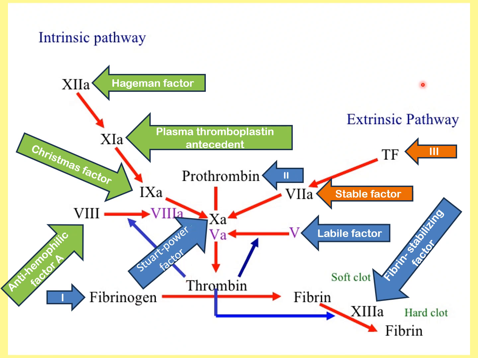Whereas the extrinsic pathway is activated by clotting factor number 3, which is tissue factor, clotting factor number 7, which is stable factor, along with factor number 1, 2, and 10. Whereas the common pathway comprises of factor number 1, 2, factor number 10, along with factor number 5, which is labile factor, and factor number 13, which is fibrin stabilizing factor.